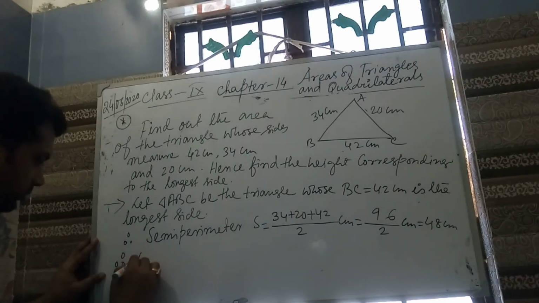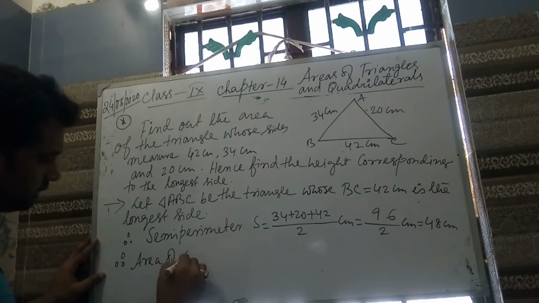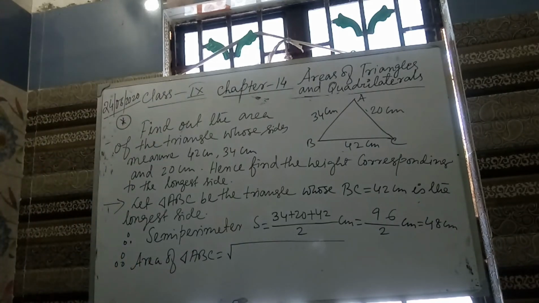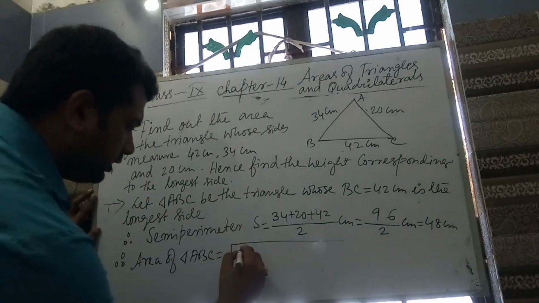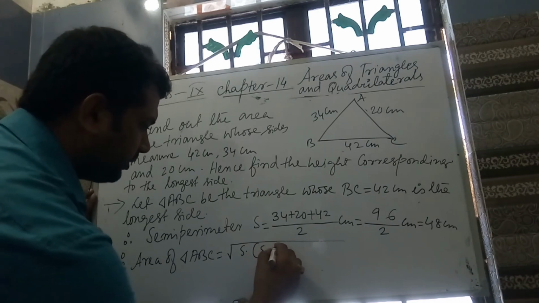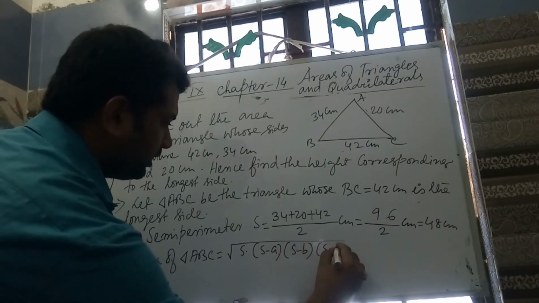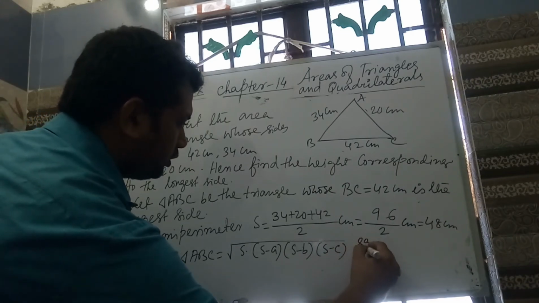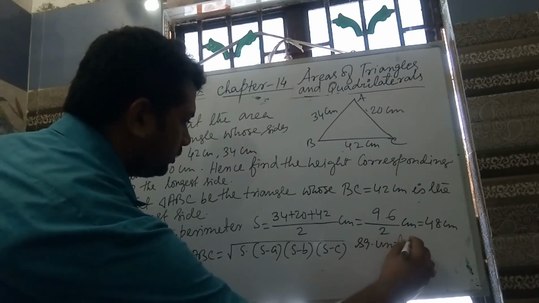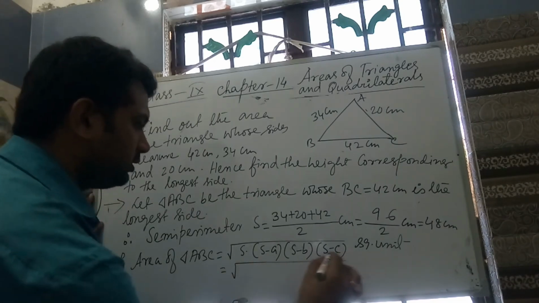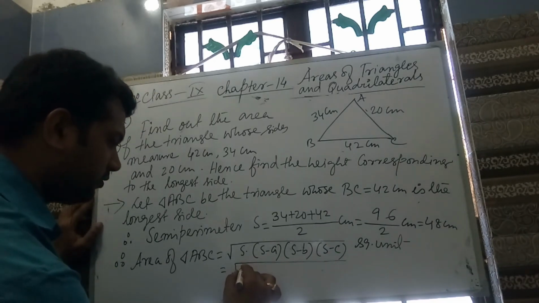Therefore, area of triangle ABC equal to root over S into S minus A into S minus B into S minus C, this much square unit. Just put the values. S is 48.